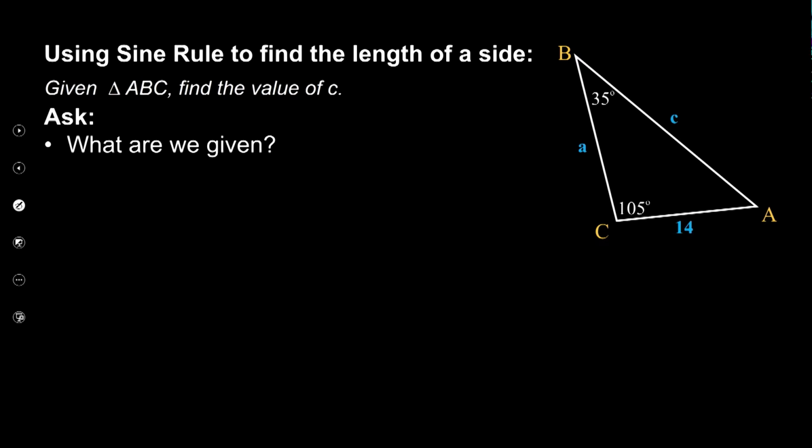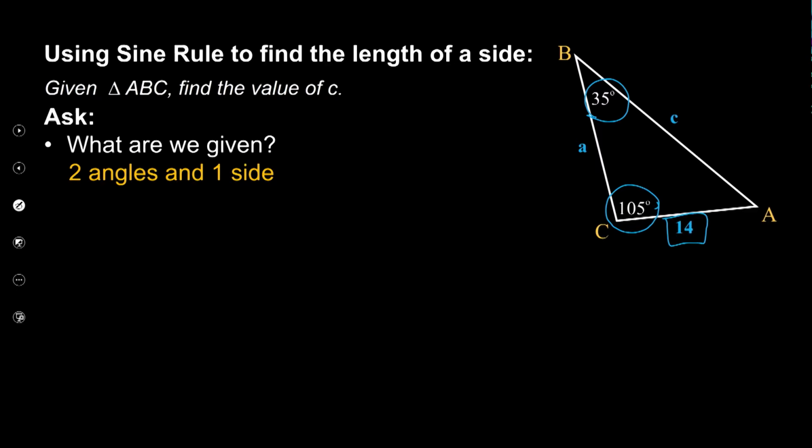So we need to ask ourselves, what are we given? Looking at the diagram, we can see we're given this angle, 35 degrees, this angle C, 105 degrees, and the length of this side AC, which is 14 units.